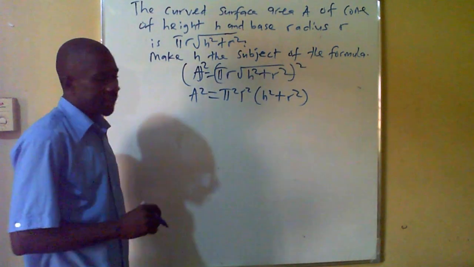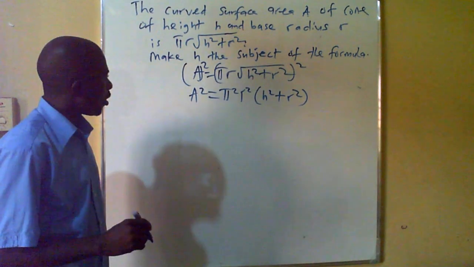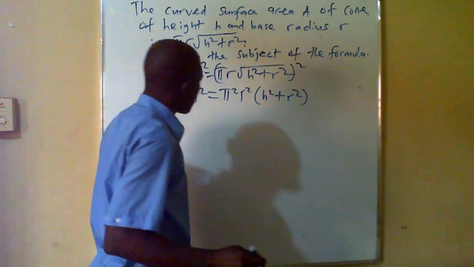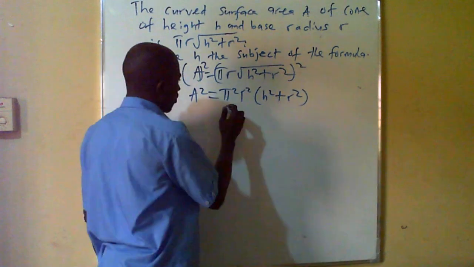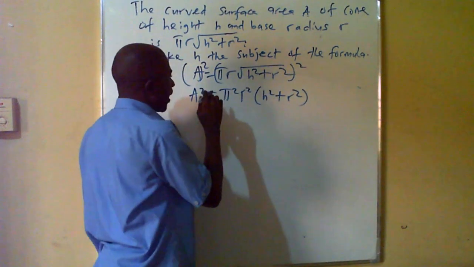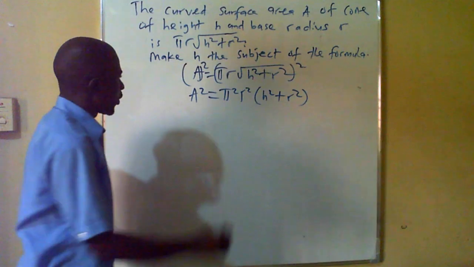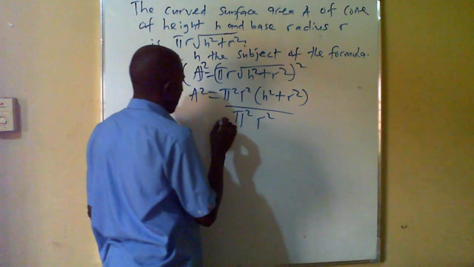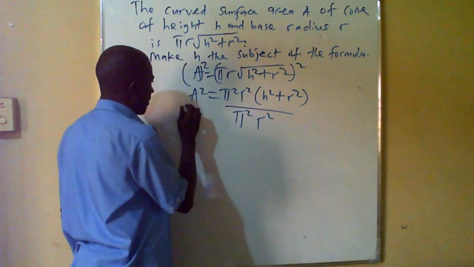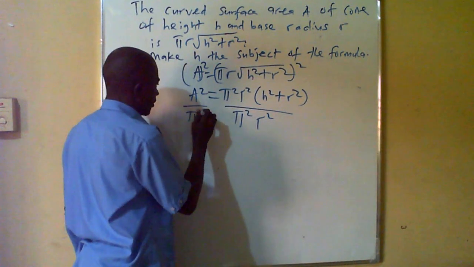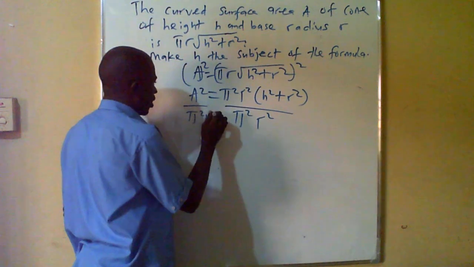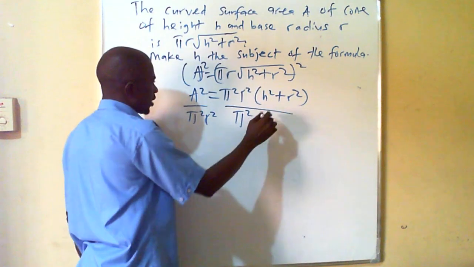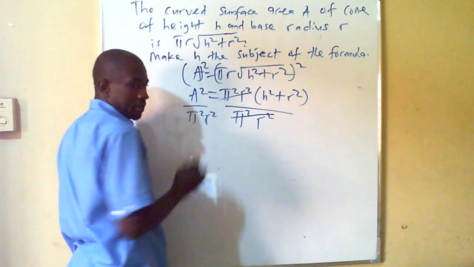Next, we're going to divide both sides by π² and r². If we divide both sides by π² r², this one will go with this one, and this one will go with this one.